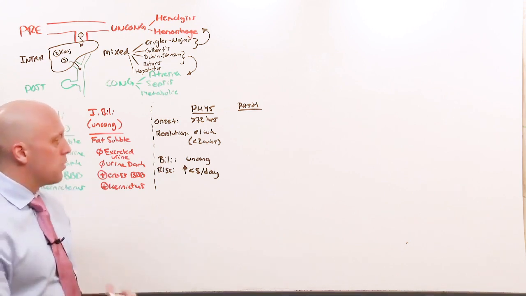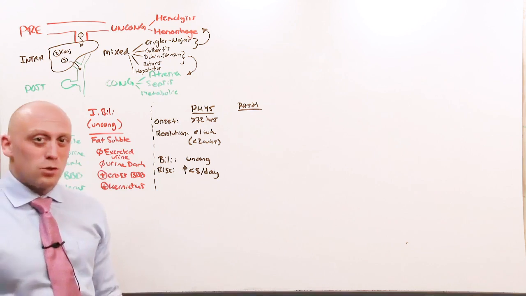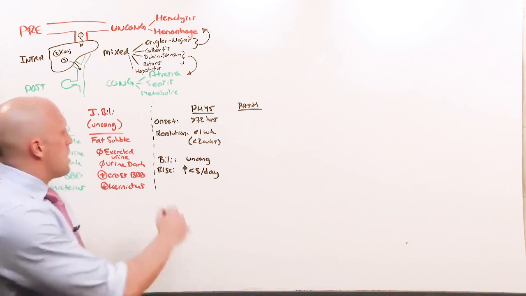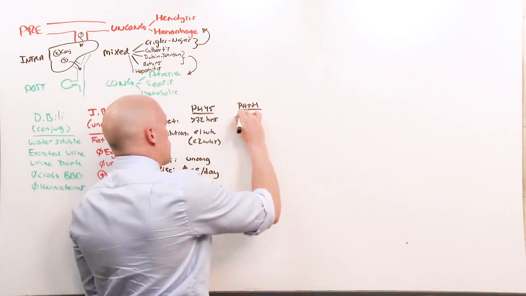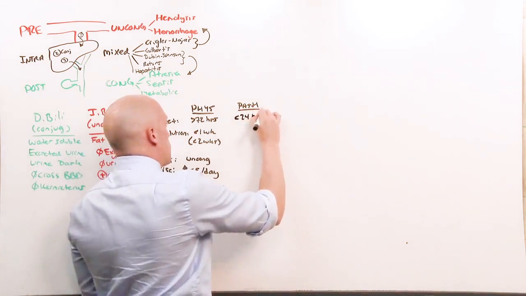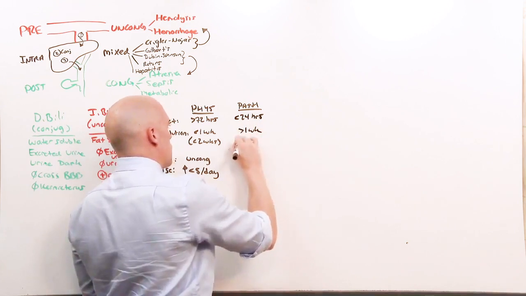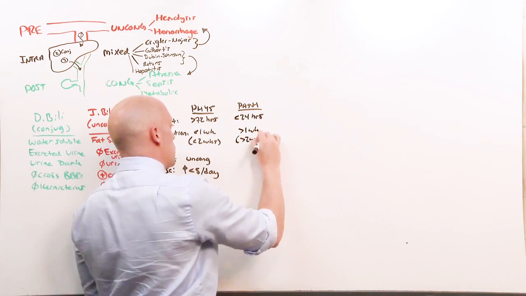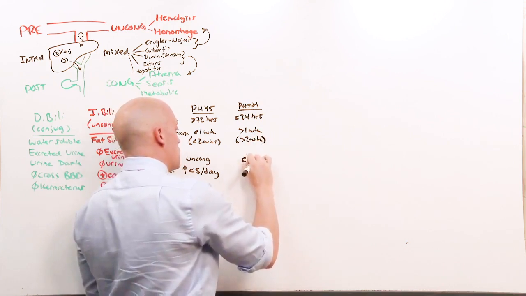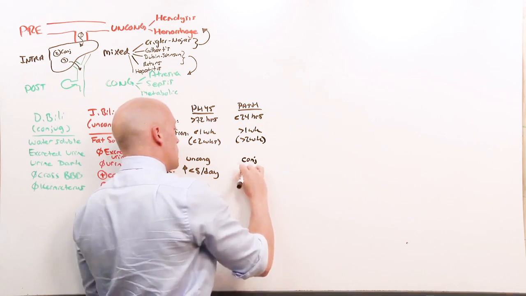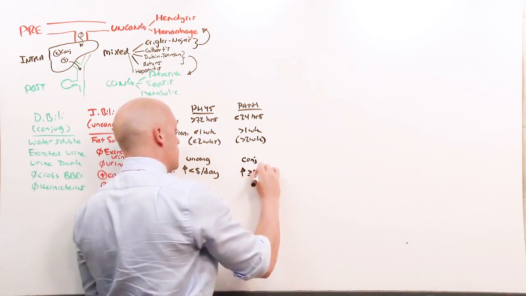On the other hand, pathologic jaundice that you need to go looking for is going to usually occur within the first day and will take much longer than a week to resolve, generally won't resolve without your intervention. This is usually a conjugated bilirubin, and the rise can be fast.